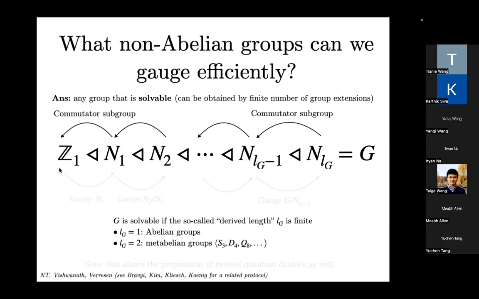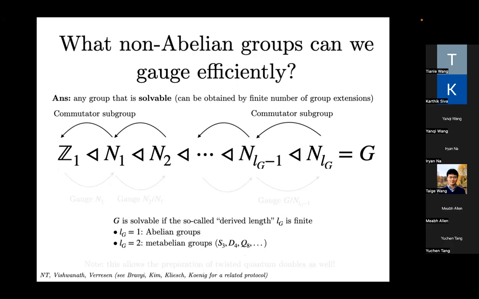Then to go backwards, so for example, if this terminates in a single step, that's just an abelian group. If that terminates in two steps, for example, S3, you go down to Z3, and then now trivial, that's known as a meta-abelian group, but you can have this number, as long as it's finite, then we know how to prepare it.